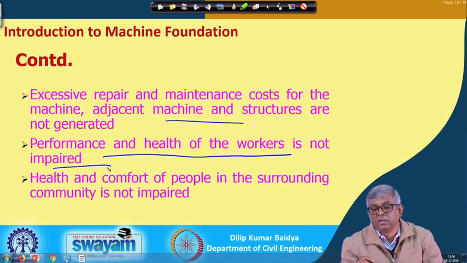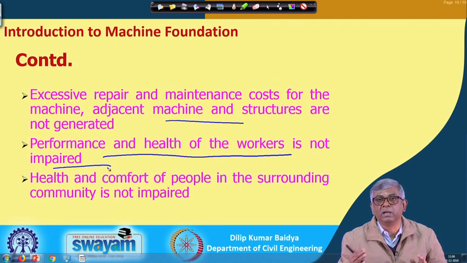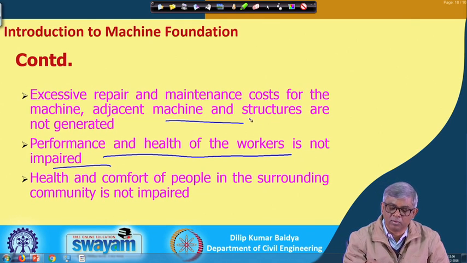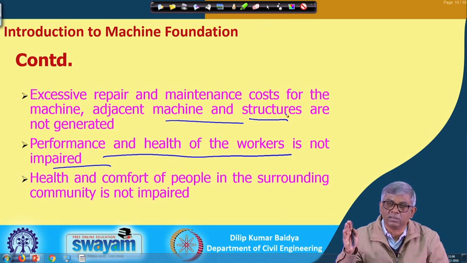That means, if you allow too much vibration in the system, then the people working in the surrounding places may find that the environment is not comfortable, or a health hazard may occur. So, because of that, you have to follow all those requirements. That means, what amplitude one person can tolerate, you have to keep the amplitude at that level.